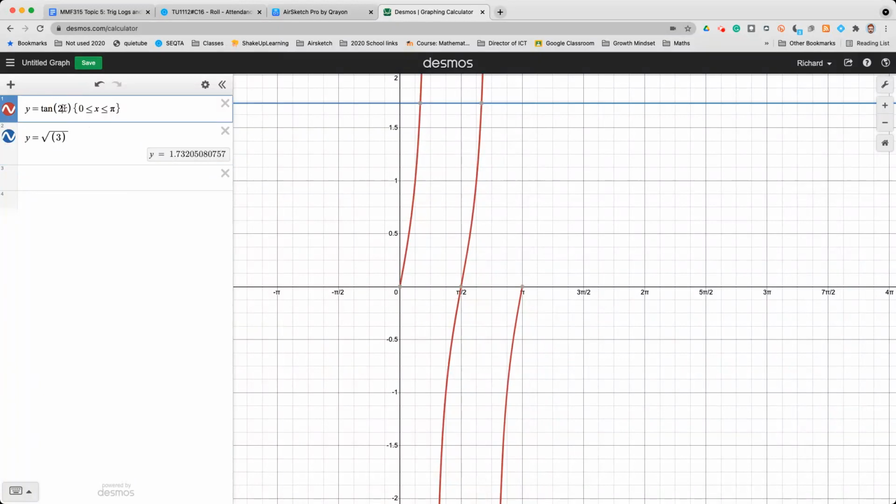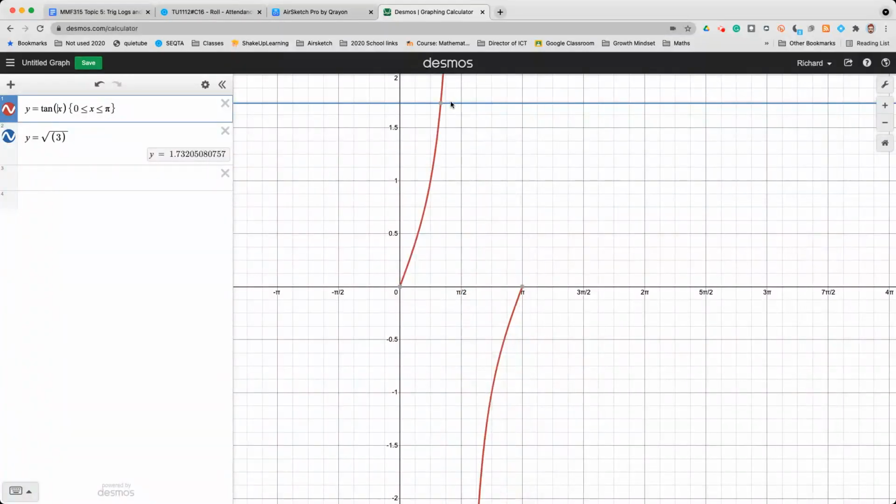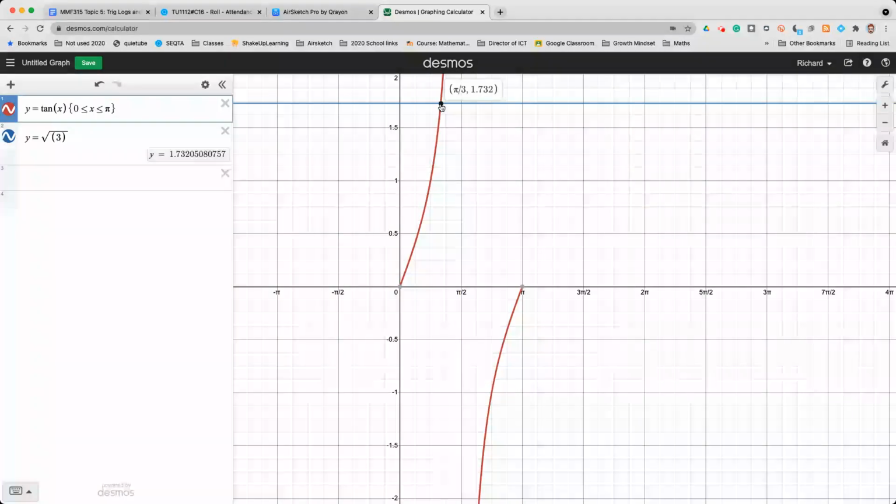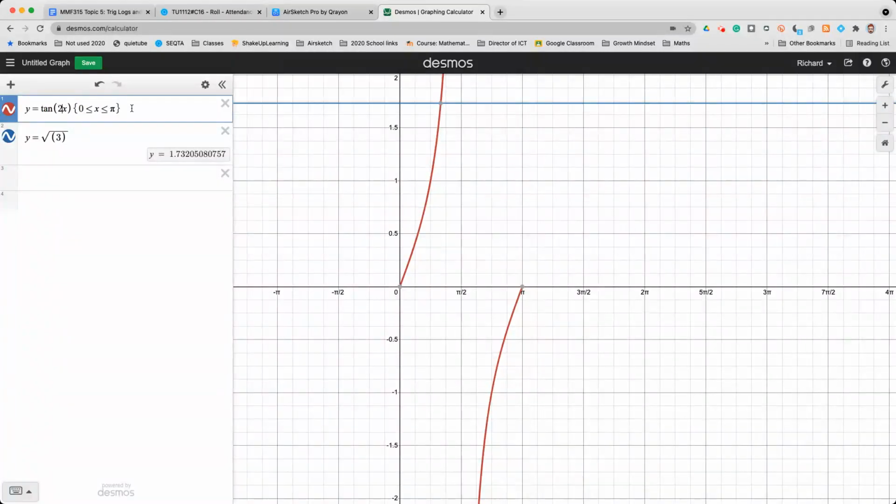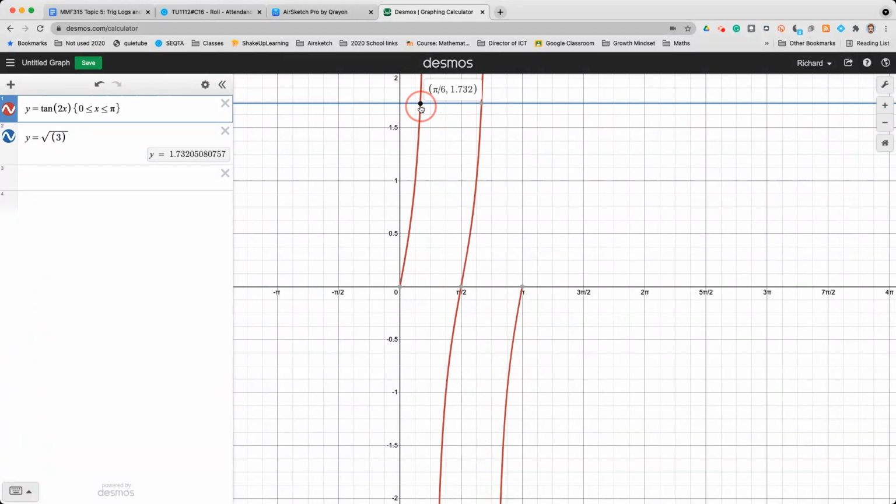If it was tan x, I'd only have one solution up there, and because the rest of it's underneath, that's all I'd get. That's a first quadrant angle. But if I make it 2x, then because it's repeating twice as fast, I end up with 2 solutions. So we need to keep that in mind.